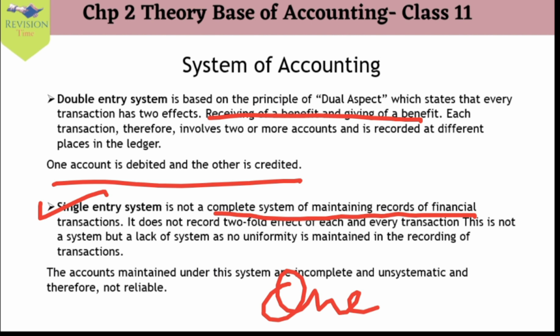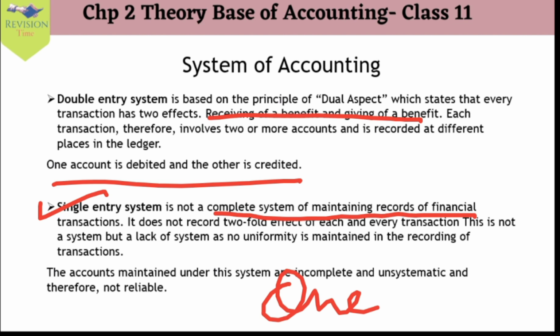Because of this, there is a drawback that it does not reflect the true financial position of the business. It does not follow any fixed principles and rules for recording financial transactions. And single entry system is used only by small businesses. It cannot be used for big businesses or enterprises because it does not record all the transactions.